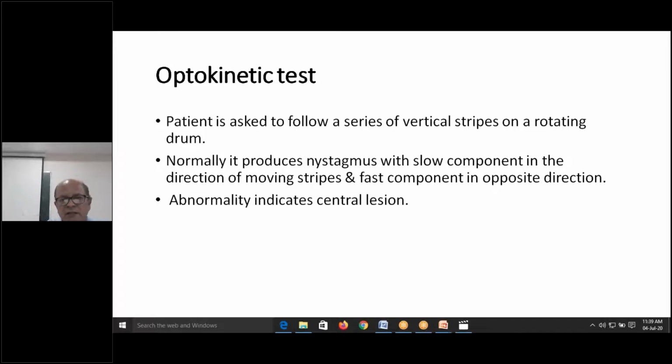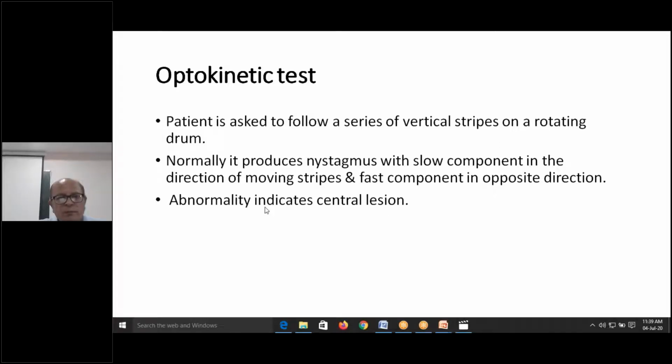When you see the drum rotating, it produces nystagmus, and the slow component will be in the direction of the moving stripe, if the drum is rotating clockwise, and the fast component in the opposite direction. So with a clockwise spin, the slow component is in the direction of the movement of the drum.